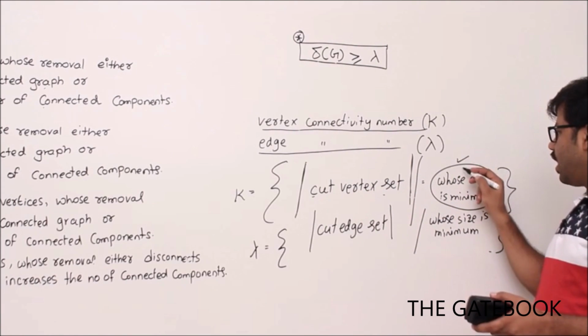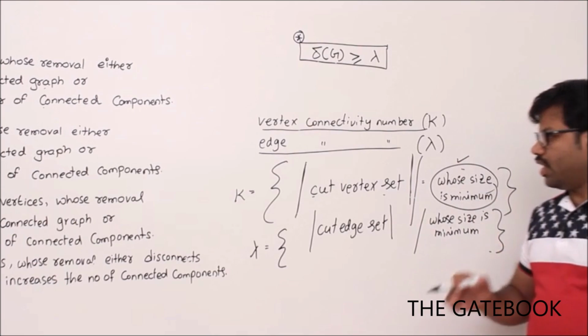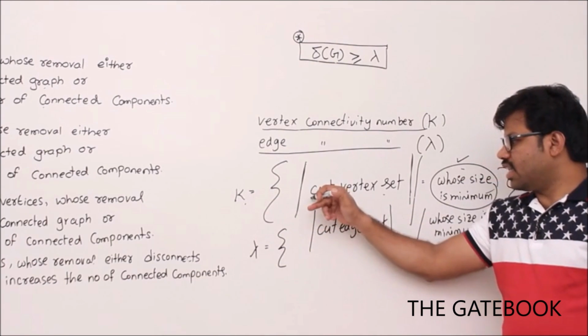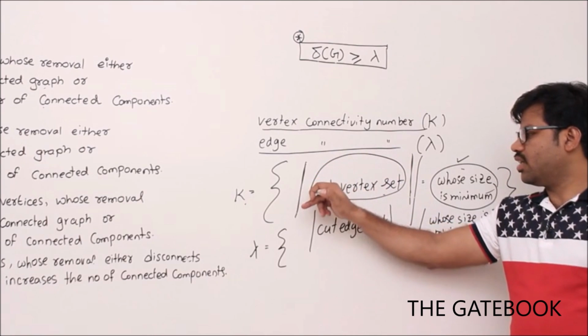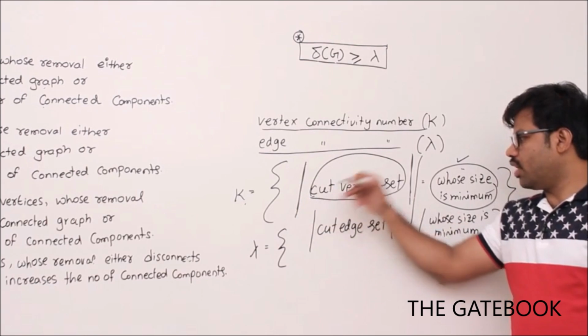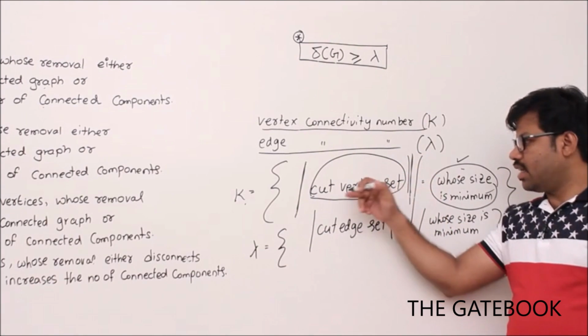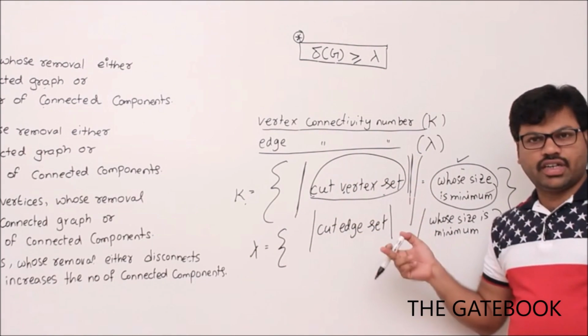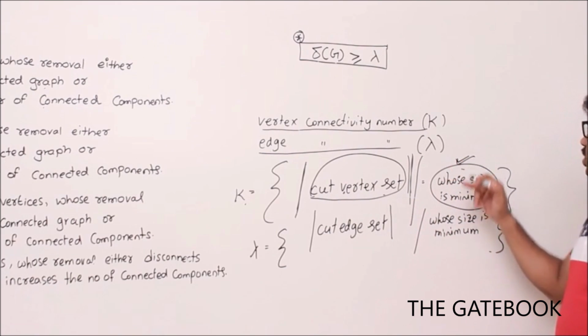That's why we have written a condition here. So finally K is a number, nothing but the size of the cut vertex set, because mod of the cut vertex set is a number. Which cut vertex set? Whose size is minimum.